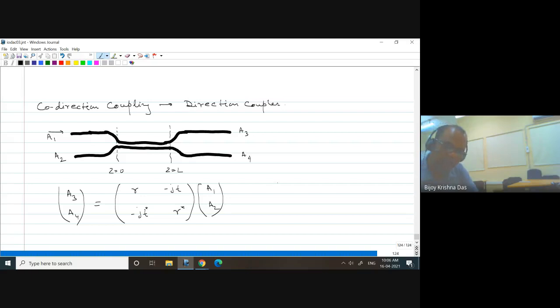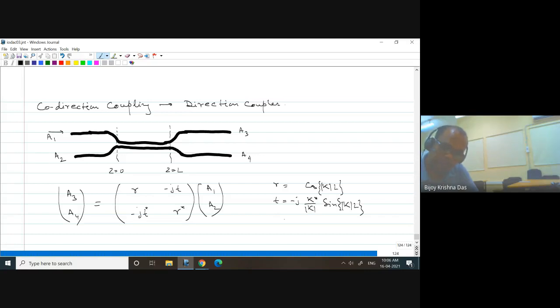And typically R equal to cos kappa L, and T we have considered minus j kappa by mod kappa star, and sine of kappa L, right? That is what we have derived.